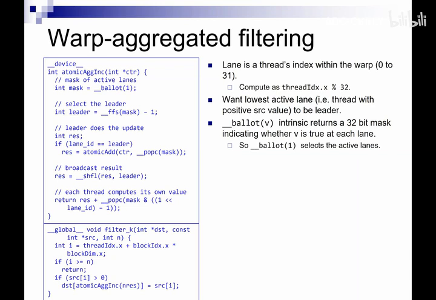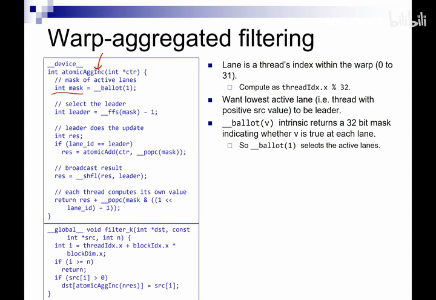So we compute this mask, and now we can figure out which active threads there are. For our example, the active threads are the ones with positive values. The inactive threads are not even going to call this function. The only threads which call this function are the ones with positive values, and so they show up in this mask.